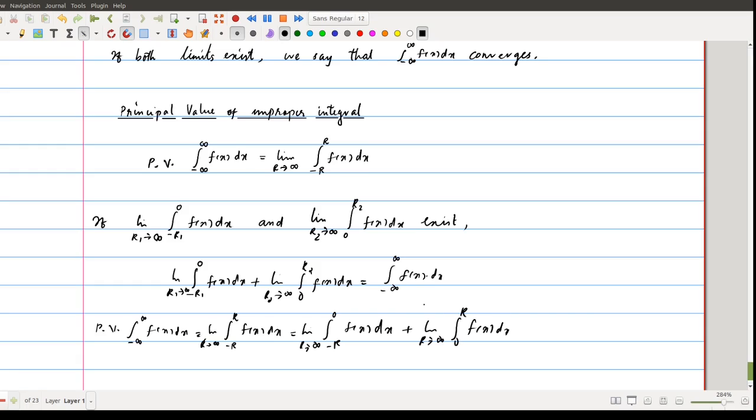That means whenever these two limits exist, you can split the principal value like this. So whenever the improper integral is convergent, then the principal value always exists.